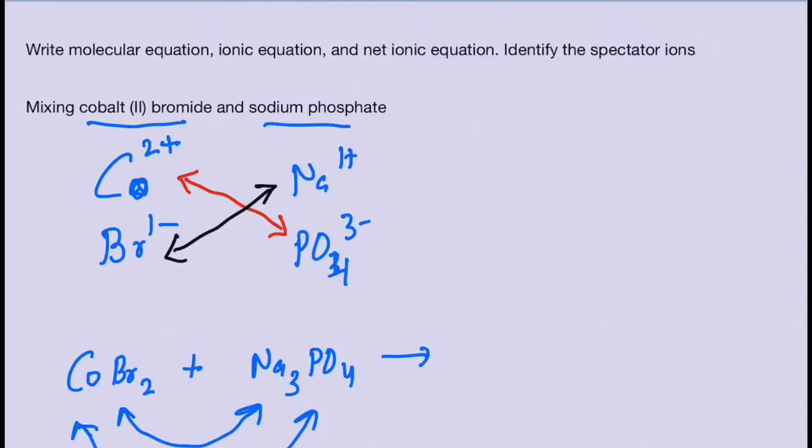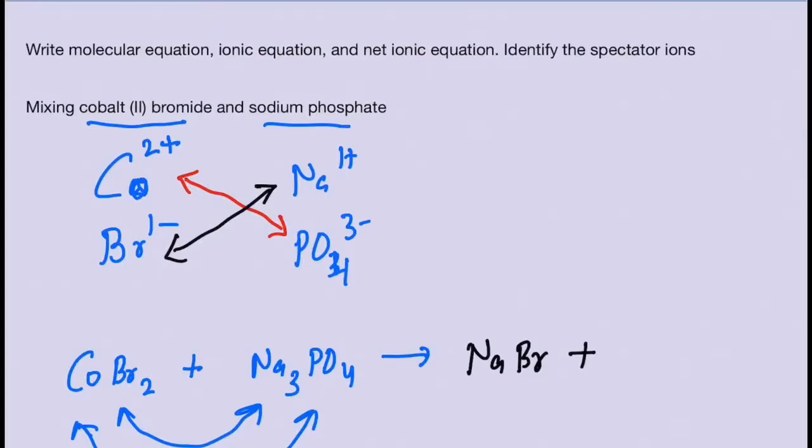Now let's write it down. When Na+ gets combined with Br-, it's just NaBr. And what about when Co2+ gets combined with PO4 3-?